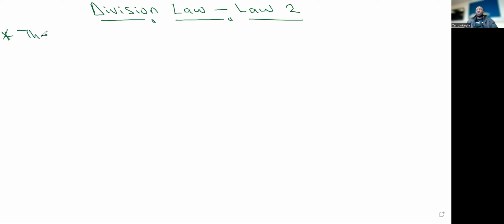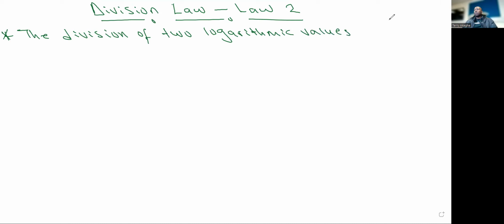So the division law, or the division of two logarithmic values, is equal to the difference of each of the logarithms.